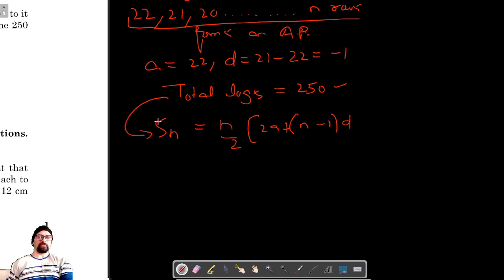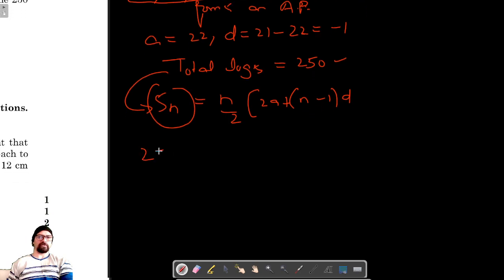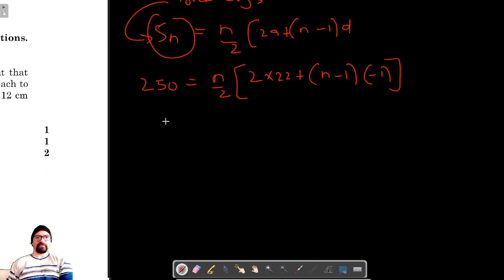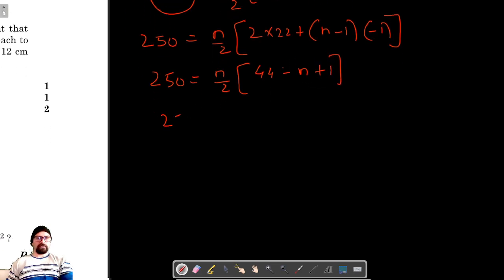We don't know the number of rows, so let it be n, a is 22 and d is negative 1. So 250 is equal to n by 2 into (44 plus (n minus 1) into negative 1), which is n by 2 into (45 minus n).